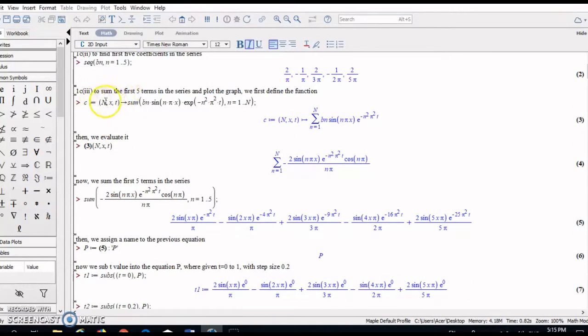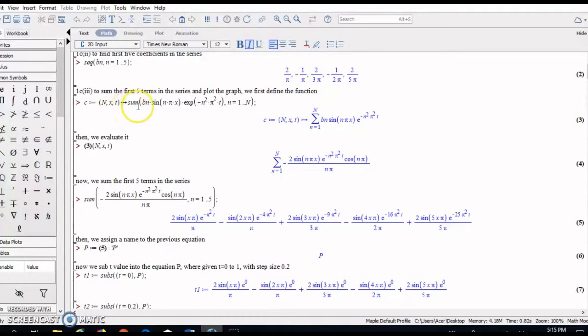For question 1 C3, to sum the first 5 terms in the series and plot the graph, we first define the function C, function of n, x, t.